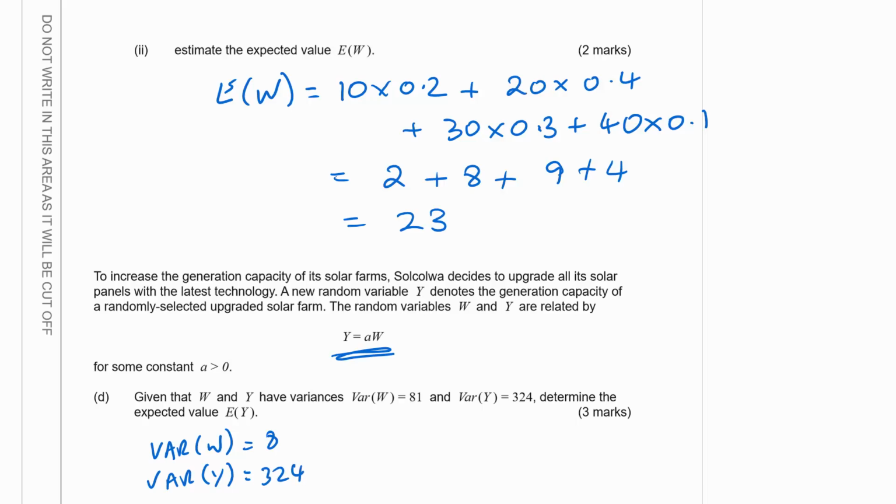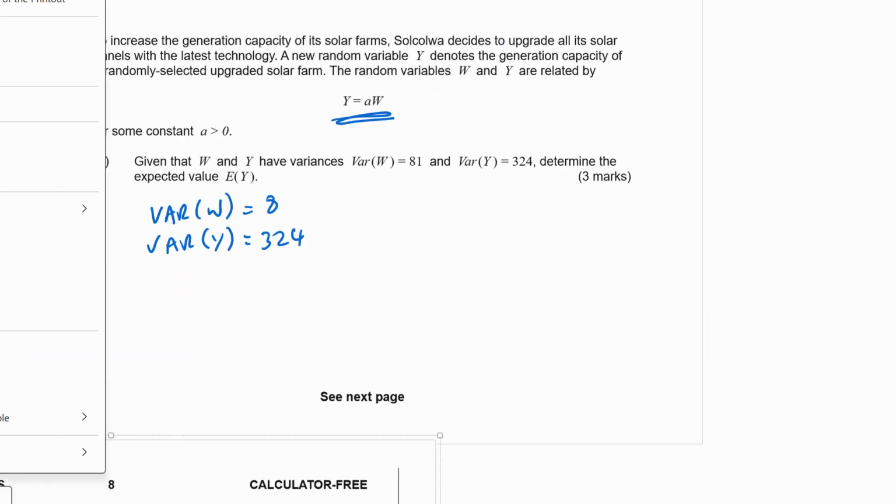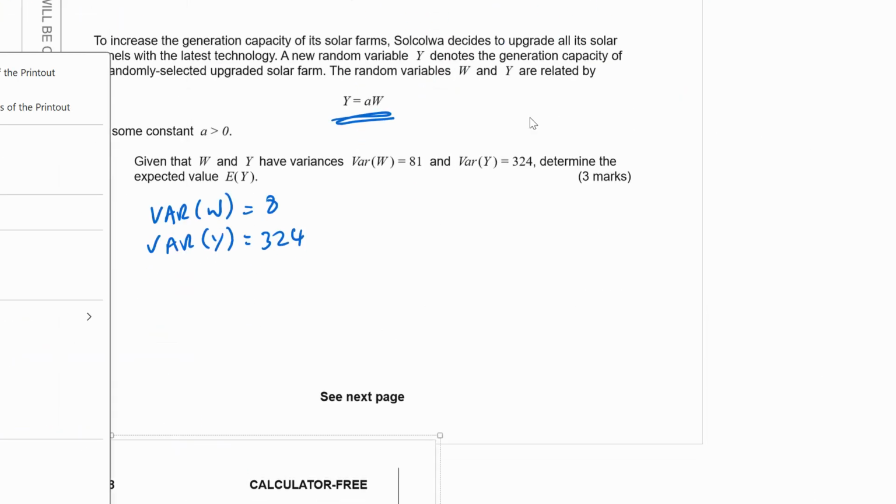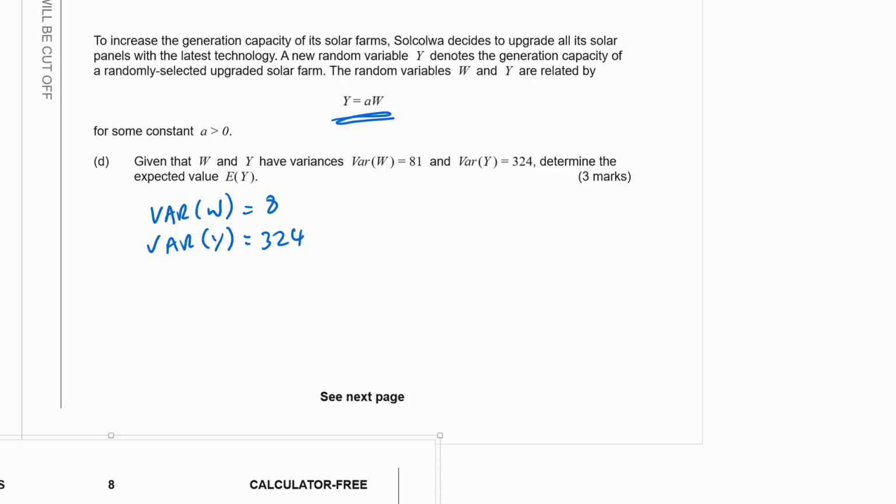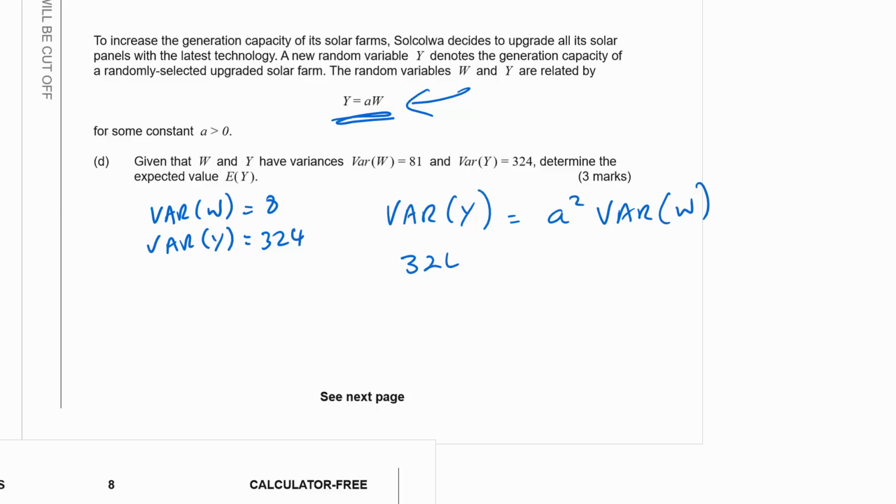Determine the expected value. So the variance of Y, given this relationship here, is A squared times the variance of W. So 324 is A squared times 81.